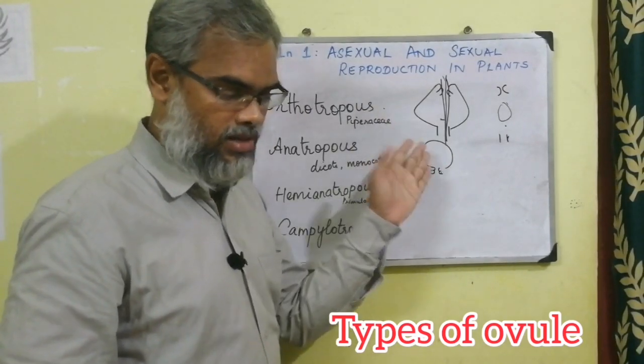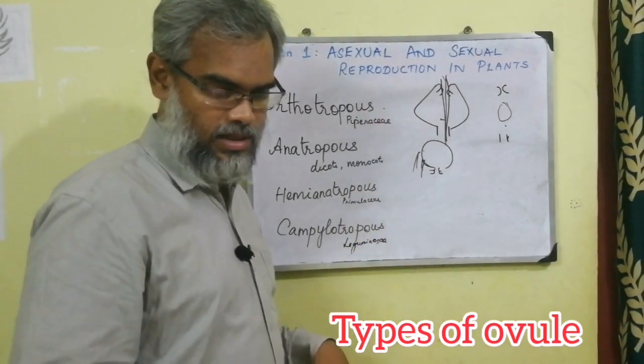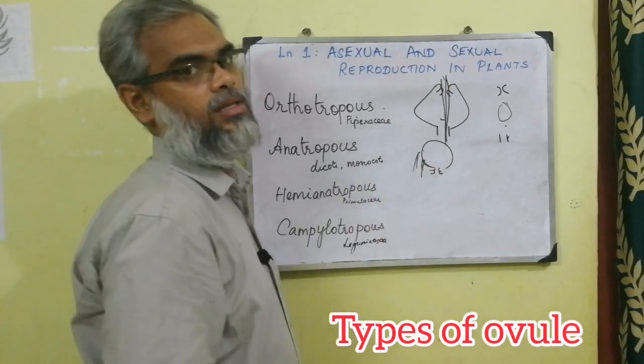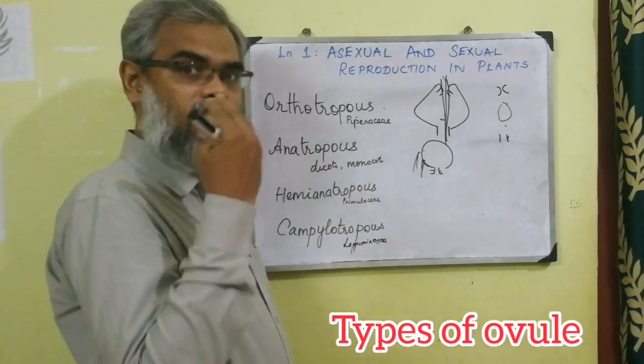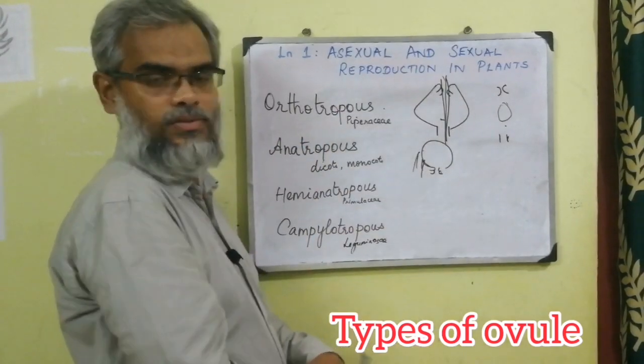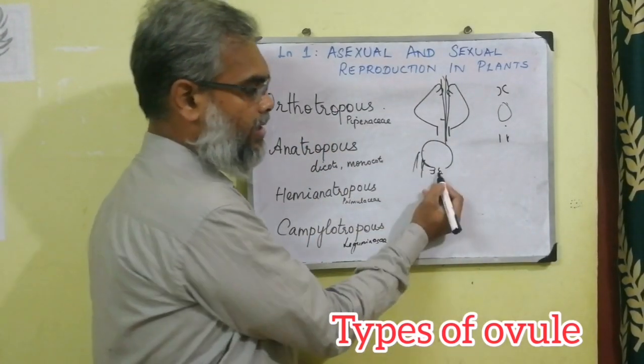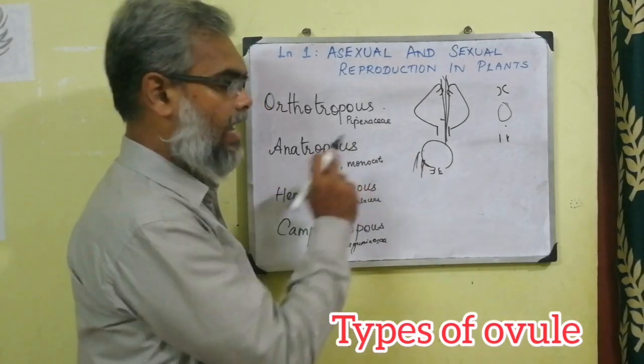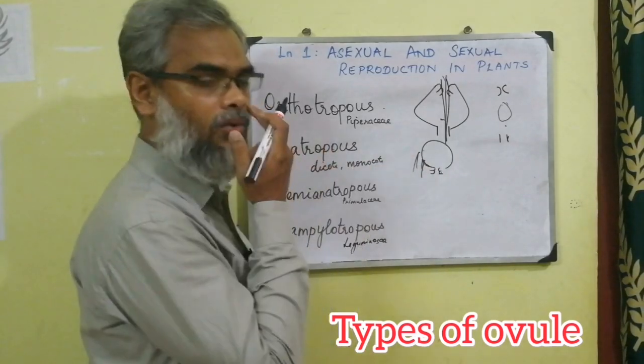Generally this anatropous is nothing but micropyle and funicle lying close together. That is the anatropous, which we saw in detail in the structure of L.S. of ovule. So micropyle and funicle lie close to one another. That is the anatropous type of ovule.